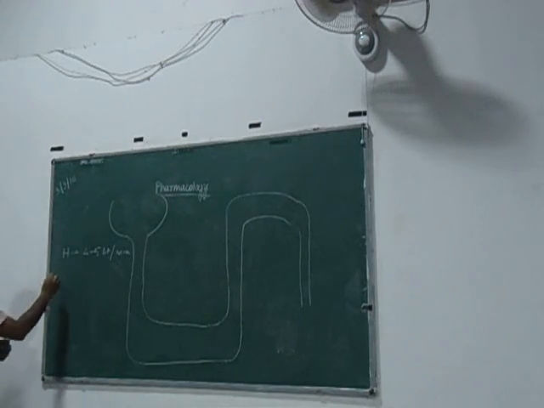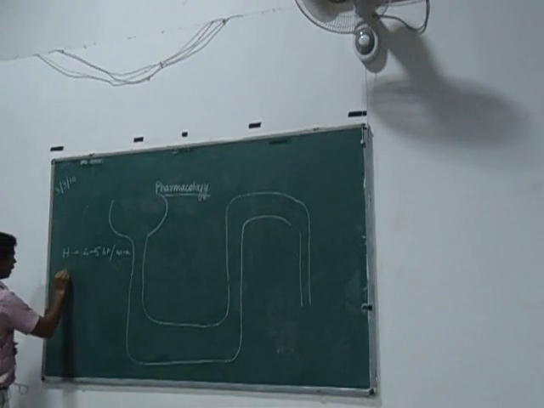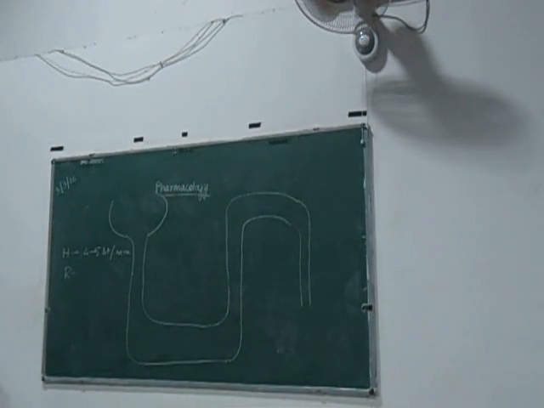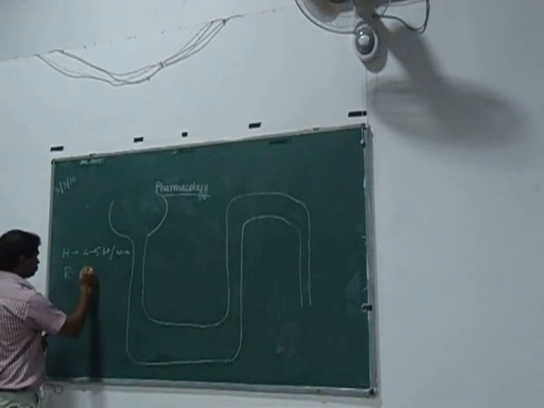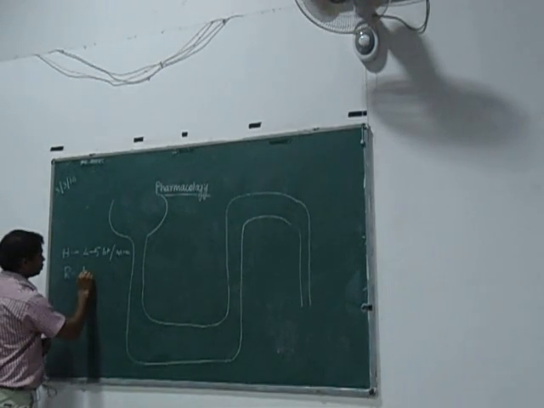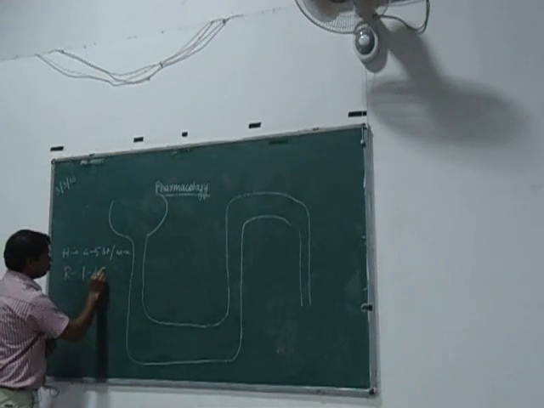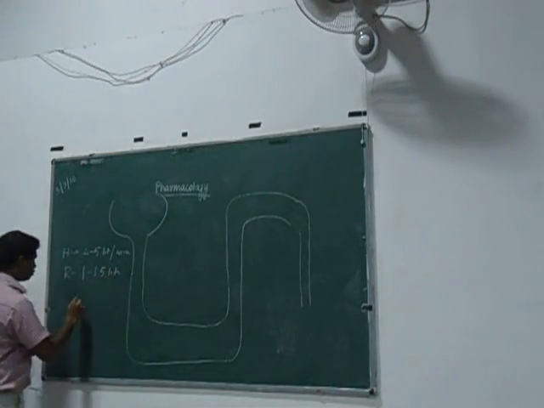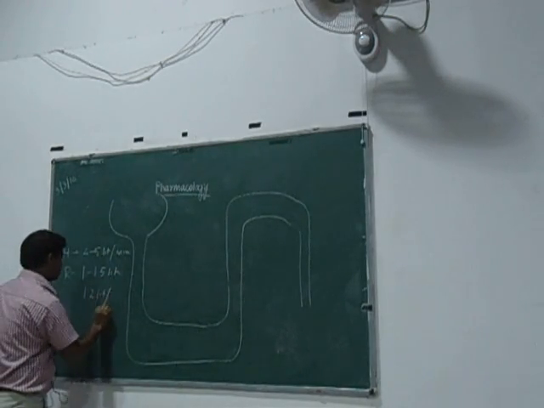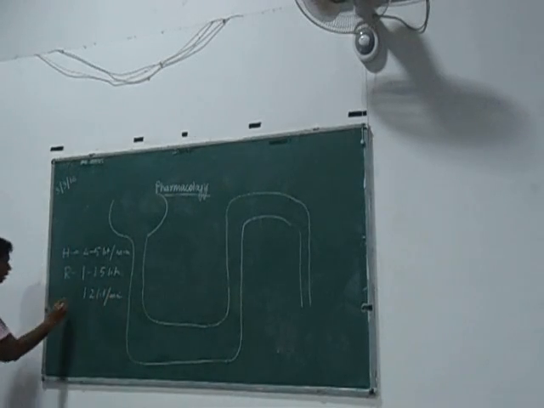Then how much of this will enter the renal system per minute? About 25% of it. What should it be? Approximately 1 to 1.5 liters. We put it as 1.2 liters per minute.